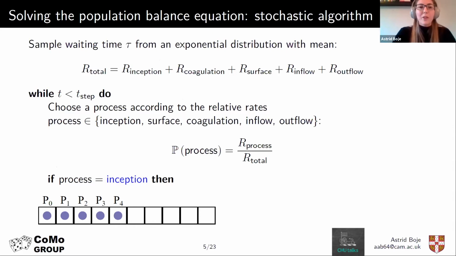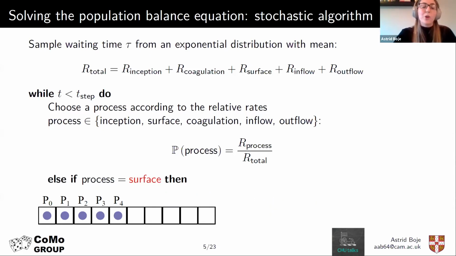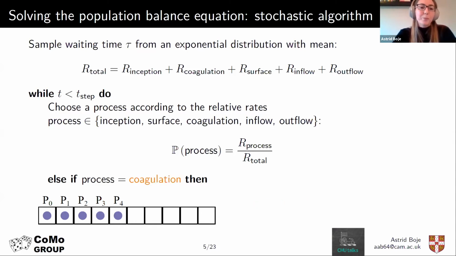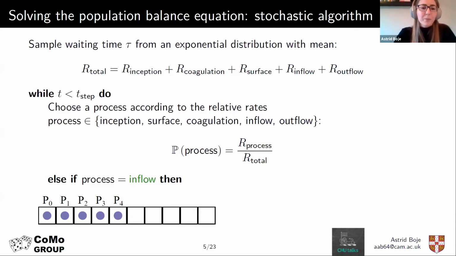So for example, if the event is inception, and we have this particle ensemble that's shown here as a collection of square boxes, some of which are filled with particles, then inception results in adding a new particle to our system. If the event is surface growth, then we pick a particle at random and add extra mass to its surface. For coagulation, two particles collide, and this makes a new particle that is the combined sum of those two particles.